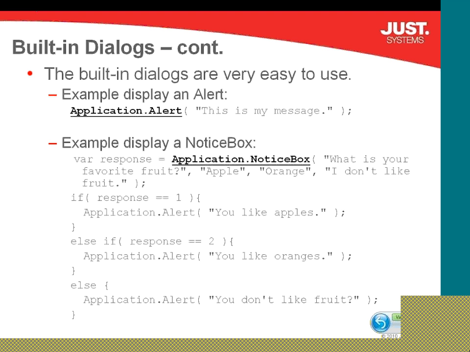And when that application notice box function returns, it returns the index number for the button that was clicked. So if you clicked on the apple button, then it will return 1, or if you clicked on the orange button, it would return 2. So then you can do whatever you need to do appropriately after that.